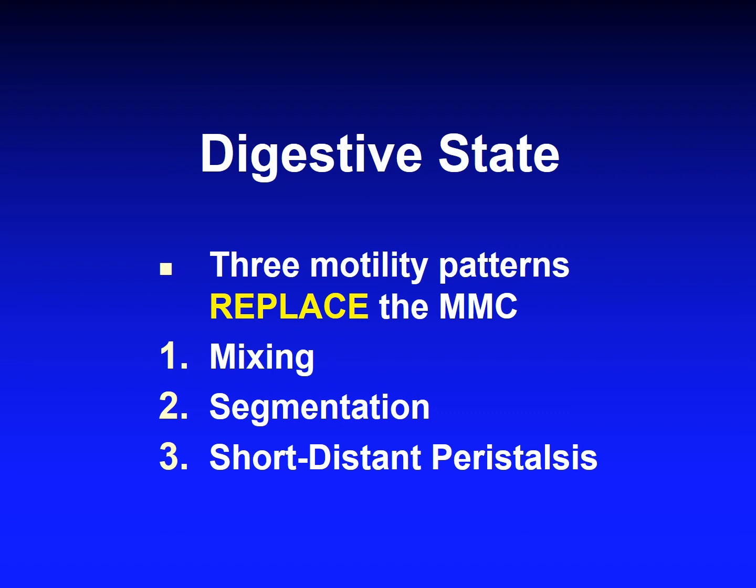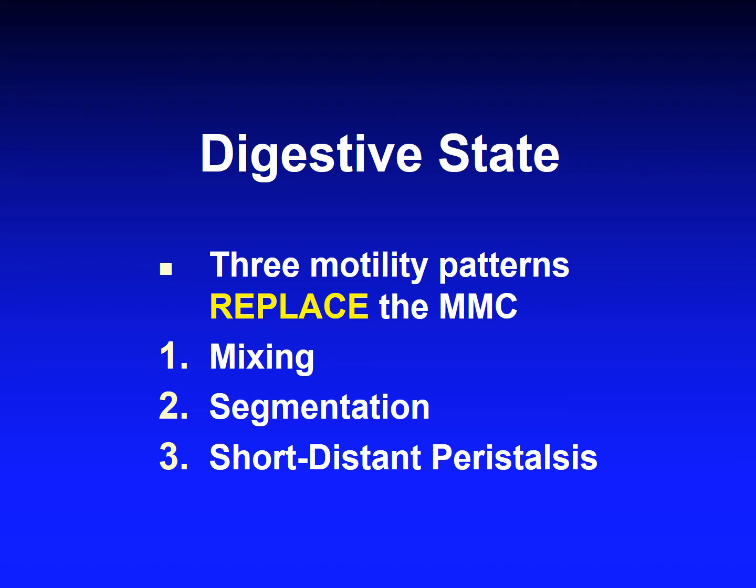This motility pattern is extremely important so the material can be absorbed from the gut to the rest of the body through, as we mentioned before, the portal vein to the liver, to the vena cava, to the heart, to the aorta, again, to distribute it to the rest of the body.